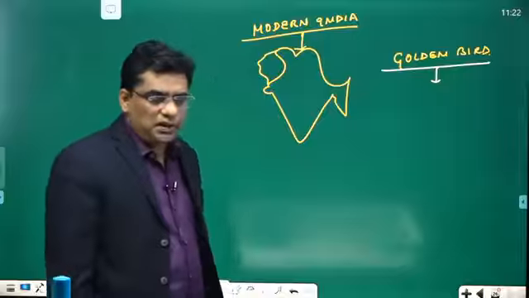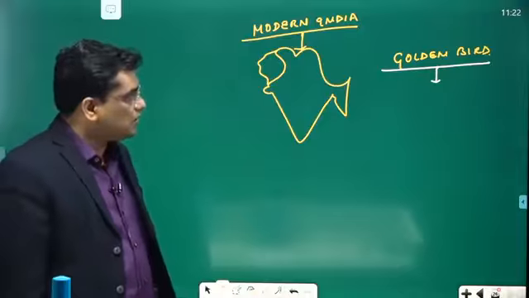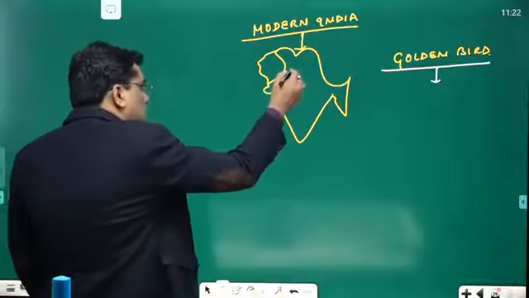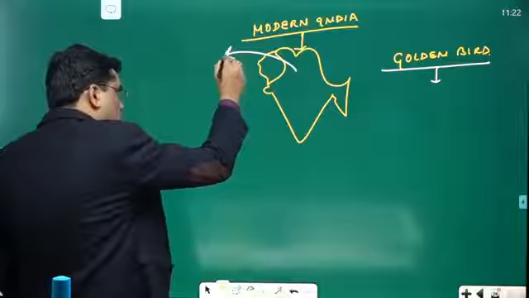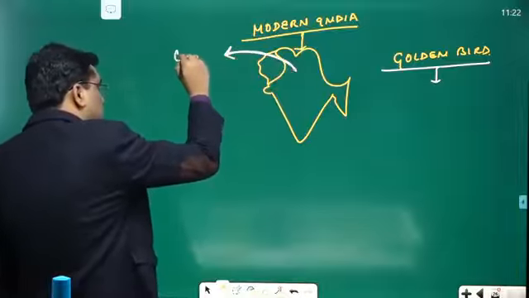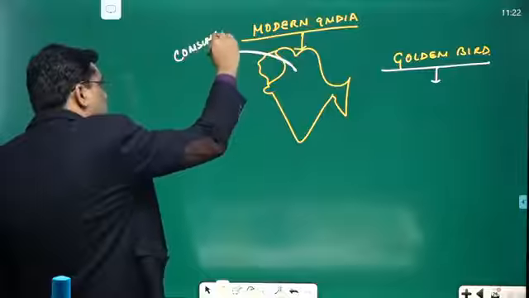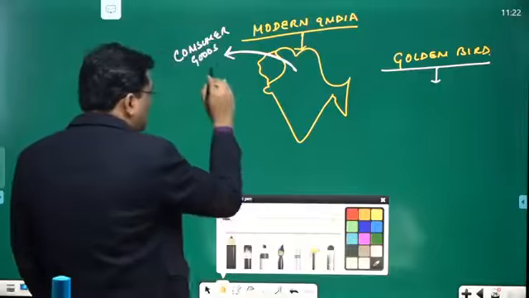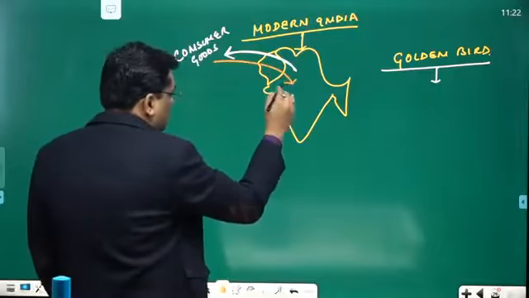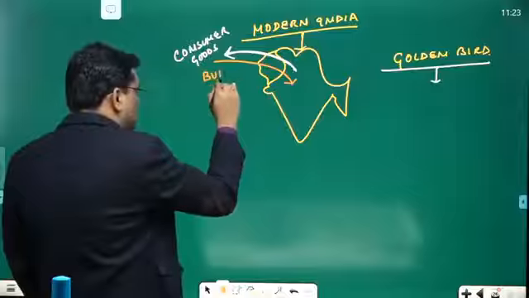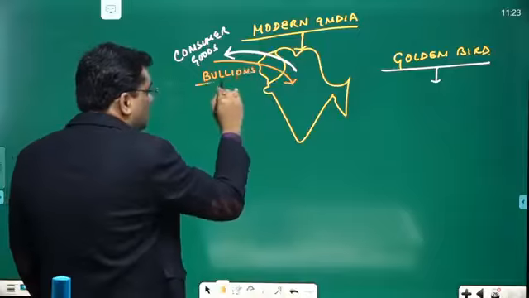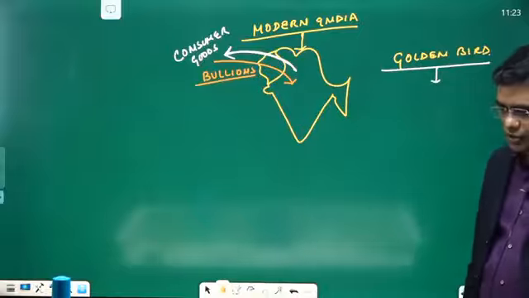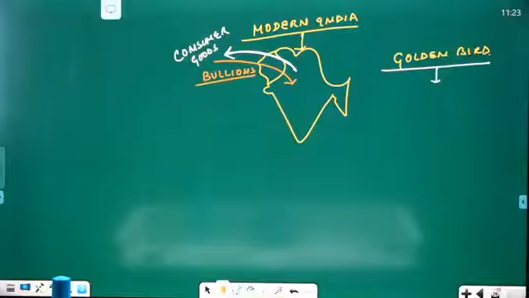In ancient India, most of the Greek literatures were unanimous on this issue that India is a golden bird, because the largest exporter of consumer goods was India, and then bullions was flowing into this country.